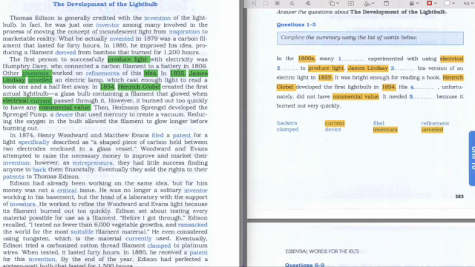In 1854, Heinrich Goebel created the first actual light bulb, a glass bulb containing a filament that glowed when electric current passed through it. However, it burned out too quickly to have any commercial value. Then Hermann Sprengel developed the Sprengel pump, a device that used mercury to create a vacuum. So what exactly is that? It is a device. So the answer is going to be device.